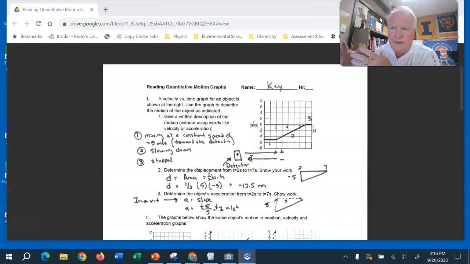Remember, we had the detector out in the classroom and we moved away. That was positive velocity. When we moved back, that was negative velocity. And so the first 2 seconds, it's moving at a constant speed, right? Because it's moving at -5 at 0, -5 at 1, -5 at 2. So it's moving at a constant speed of -5 meters per second toward the detector.